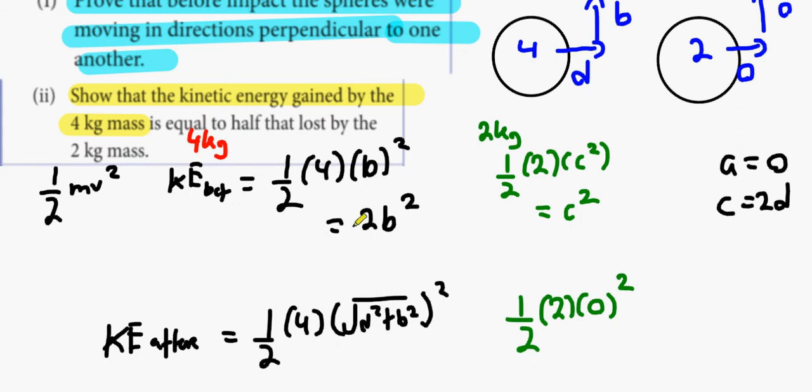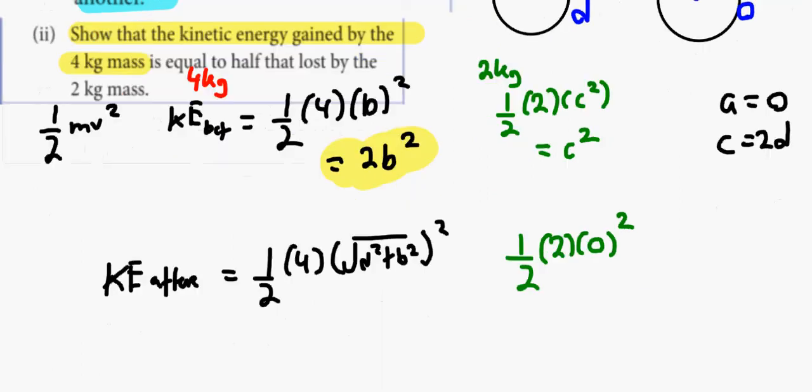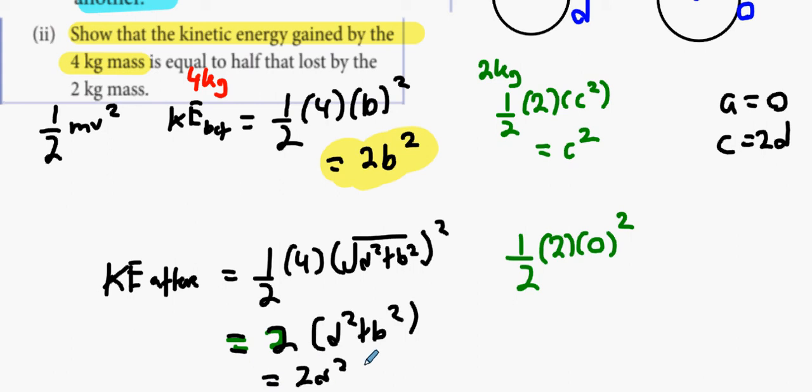So we need to compare the kinetic energy of the 4 kilogram particle before the collision compared to after the collision. So after the collision, it will look like this. A half times 4 is 2. And then it's going to be 2 times d squared plus b squared, which is 2d squared plus 2b squared. And what he said has come true.